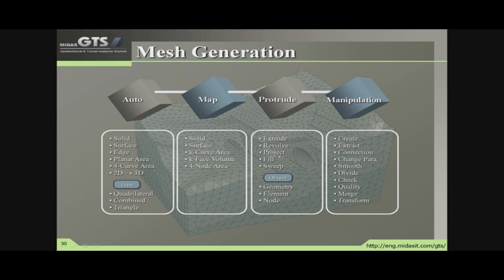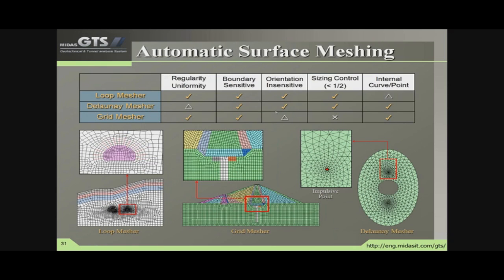You can extrude it, revolve it, or you can project the mesh on a surface or on a line. You can sweep the mesh, and you can perform several other manipulations, such as connections can be modeled, you can divide the mesh, you can check the quality, etc. Now let us discuss the different mesh generation features in detail.